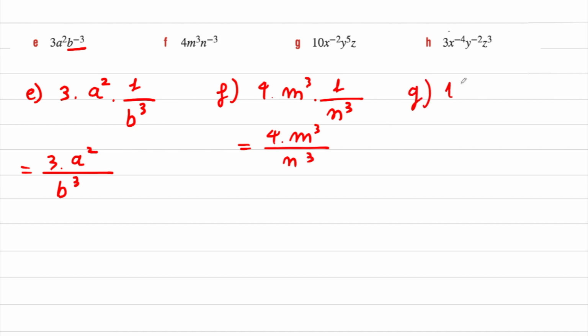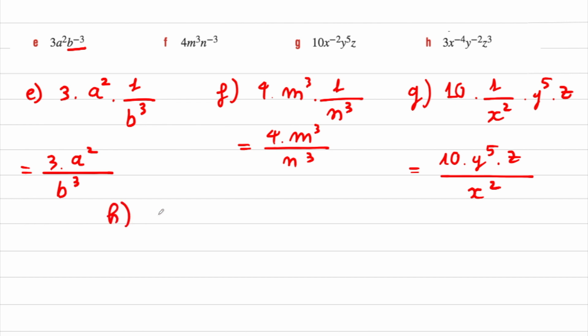Question G, you have 10, you have 1 over x squared and y to the power of 5 and z here. 10 times y to the power of 5 and z divided by x squared.